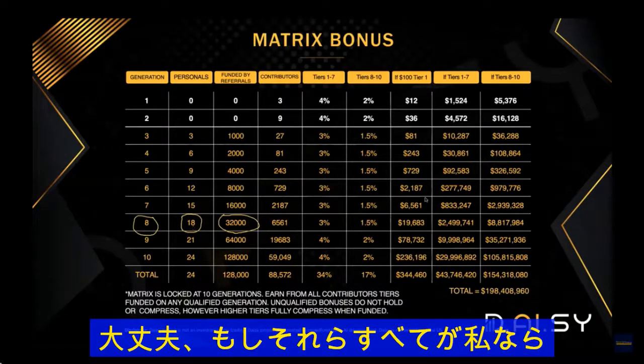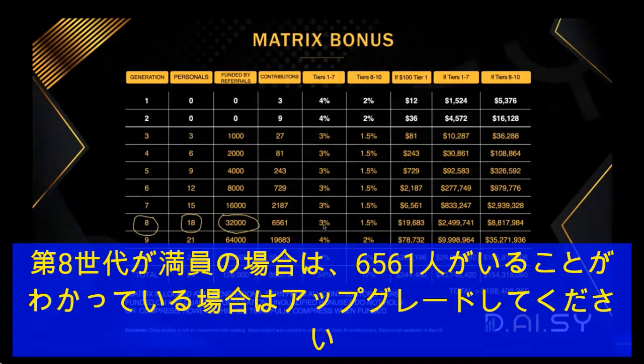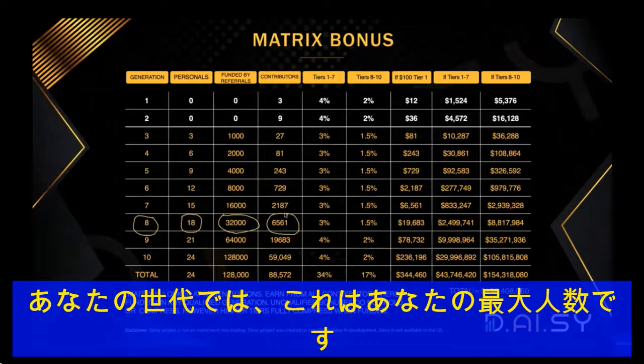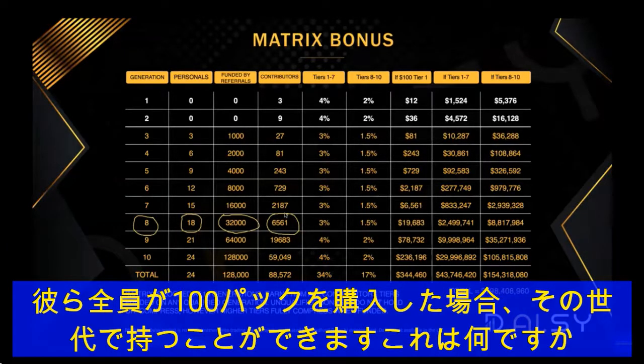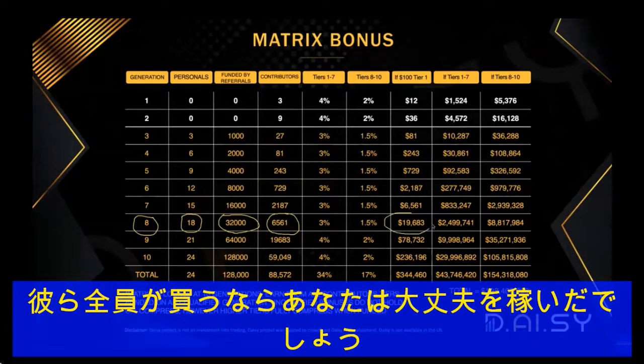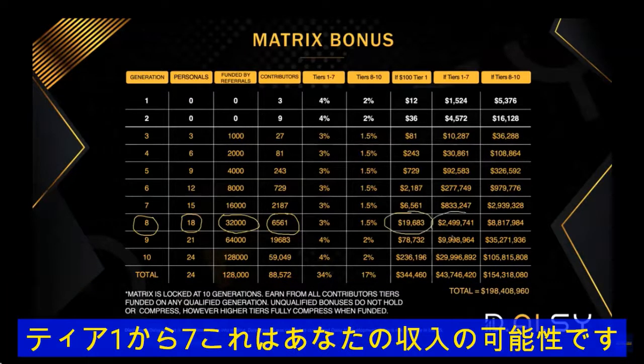Okay, and if all of them will upgrade, if your generation 8 is filled, you have 6,561 people on your generation 8. This is the maximum amount of people you can have on that generation. If they all buy a $100 pack, this is what you will have earned. If they all buy tiers 1 to 7, this is your earning potential.